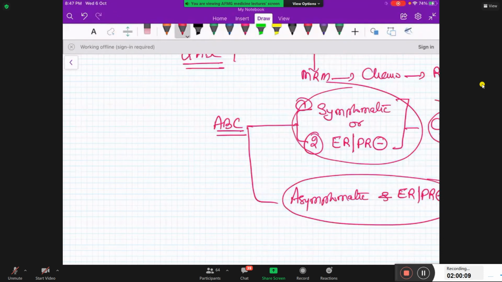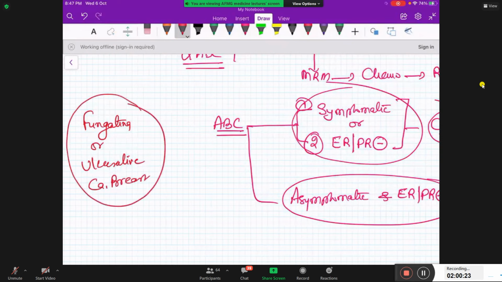But if by any chance the patient has a fungating or ulcerative carcinoma breast, only in these two subsets of patients will we offer surgery, and that surgery is simple mastectomy.